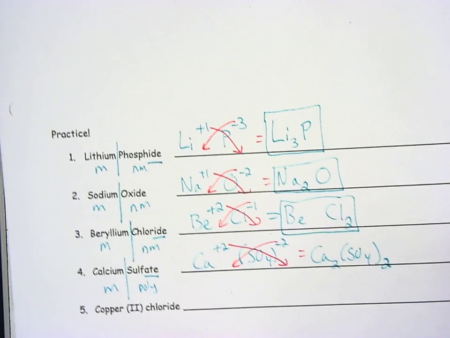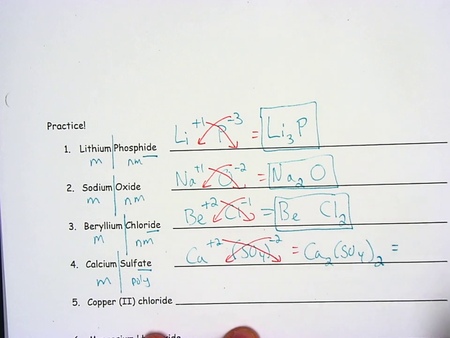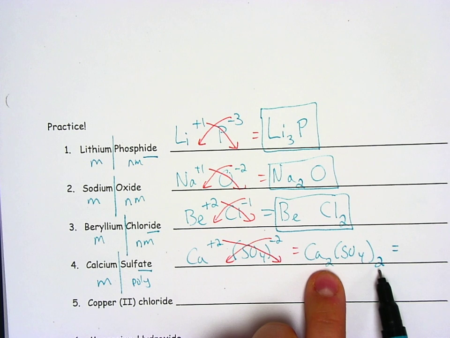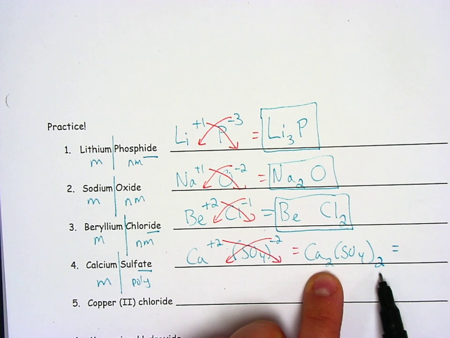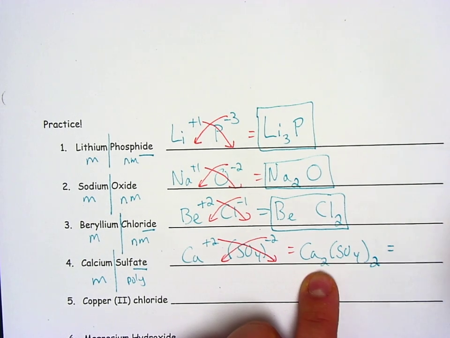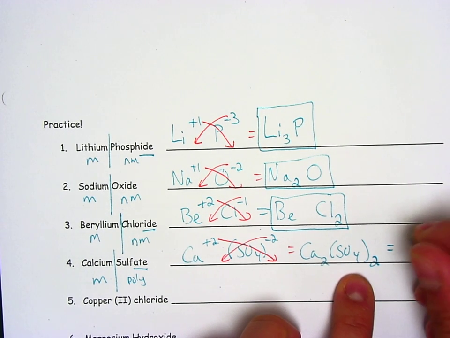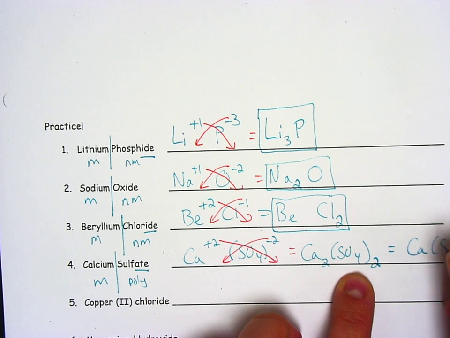Now, special case scenario here, when you end up with a ratio like 2 to 2 or 2 to 4, something where you can reduce it, you want to reduce it. So a 2 to 2 ratio, 2 calciums bonded to 2 sulfates, would be the same thing as a 1 to 1 ratio. So in math and science, we always like to reduce when we can. So this would really be 1 calcium bonded to 1 sulfate. So that would be the correct answer.